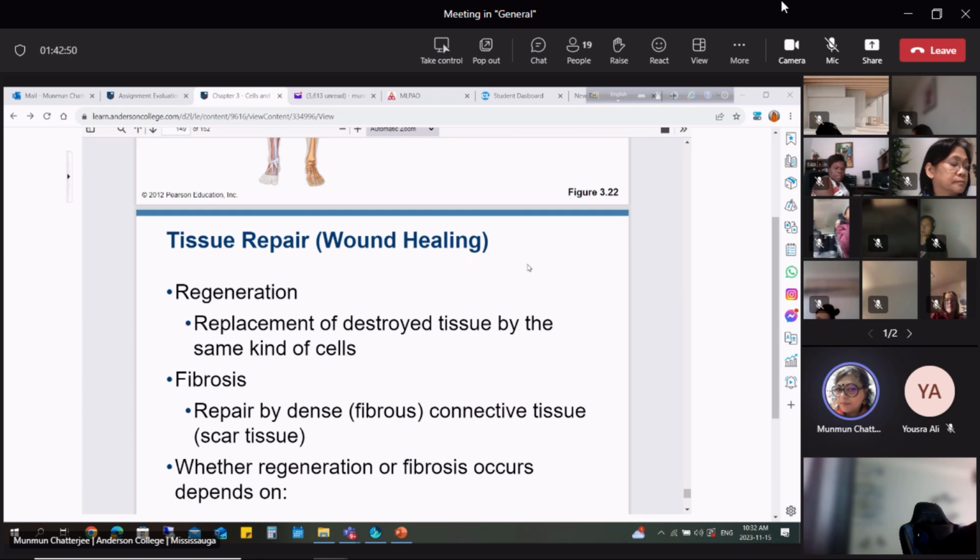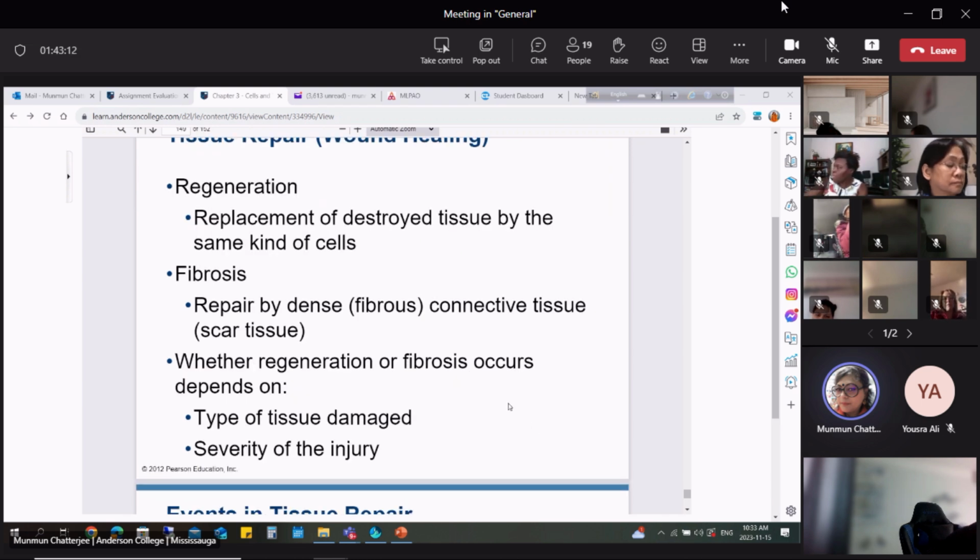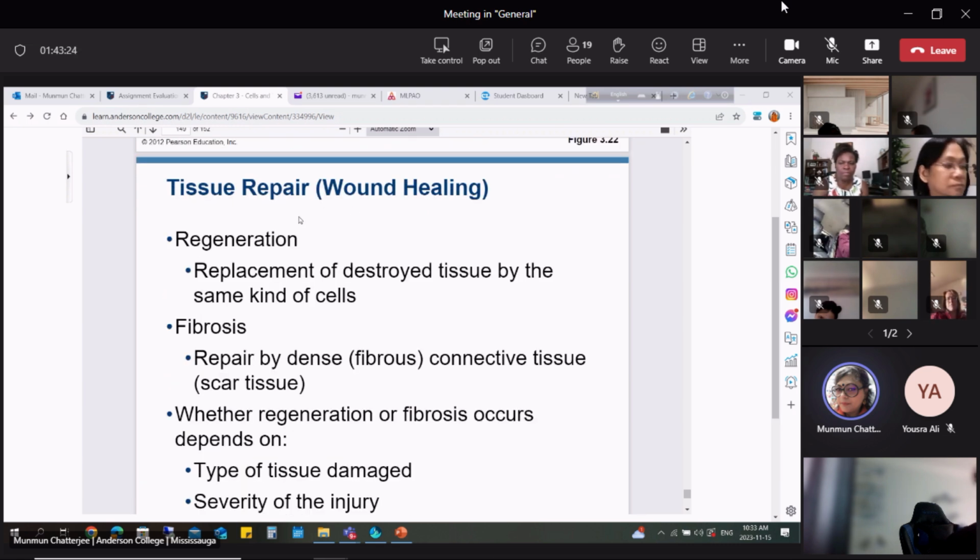That is the regeneration. What is fibrosis? Repair by dense fibrous connective tissue like scar tissue. When it is repaired by the dense or fibrous connective tissue, it forms the scar tissue. Whether regeneration or fibrosis occurs depends on what type of tissue has been damaged and the severity of the injury. So these are the two types of tissue repair process.